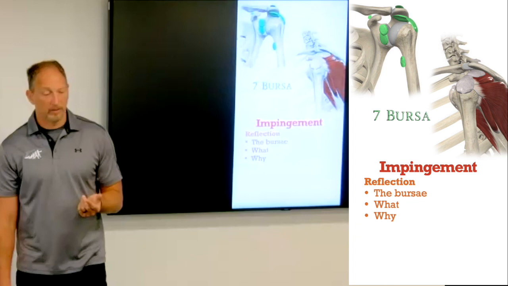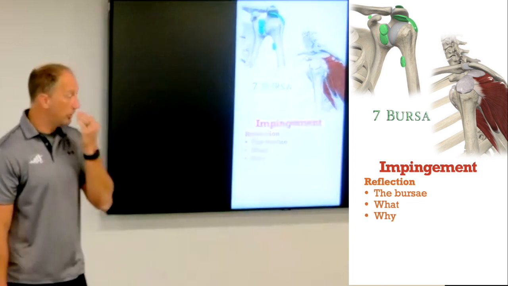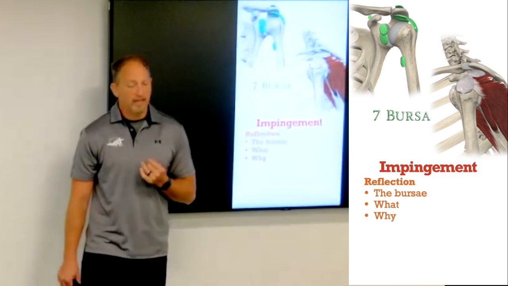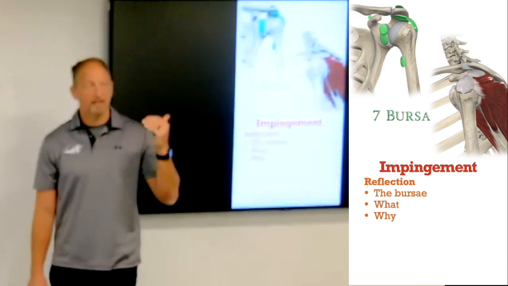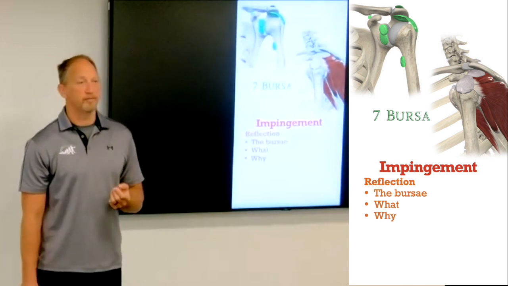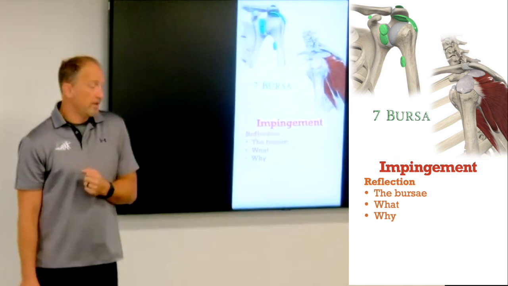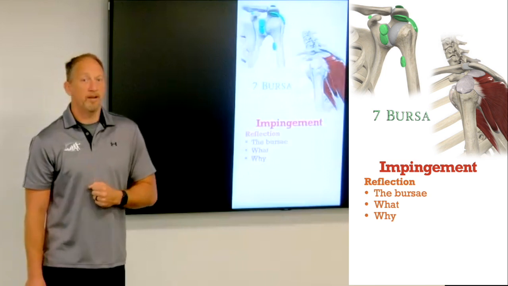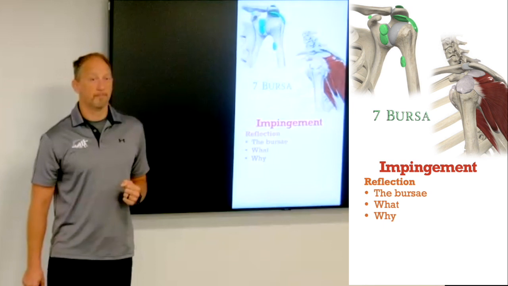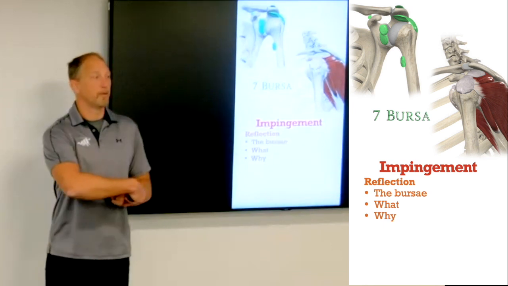I'm going to once again go back to our post-op shoulder patients, because I think how we care for post-op shoulder patients, we have lots of room for improvement. If I have shoulder surgery, what are they going to put me in? A sling. Where does the sling position my arm? Here.